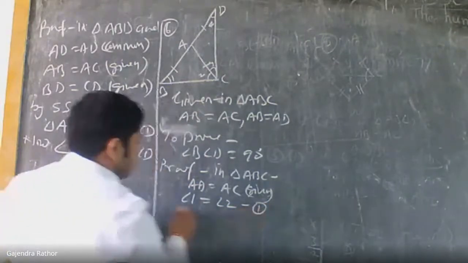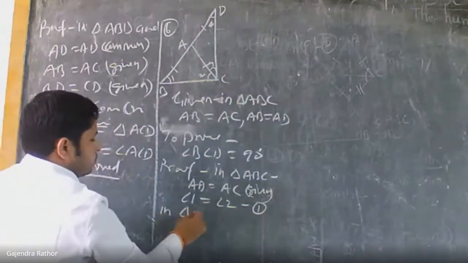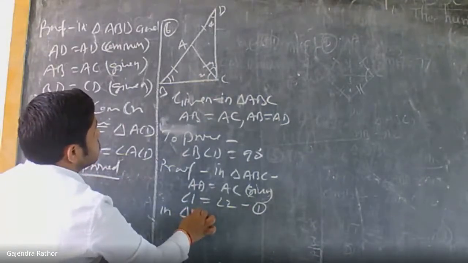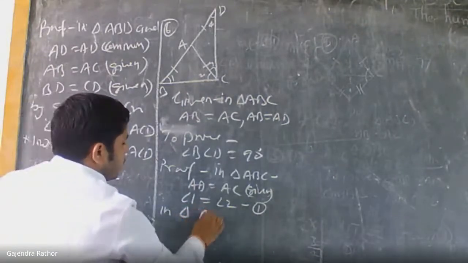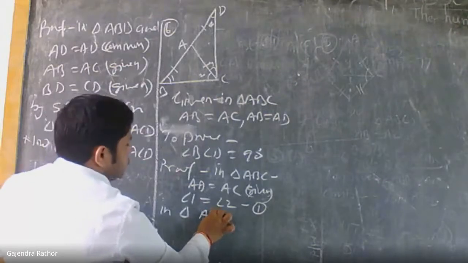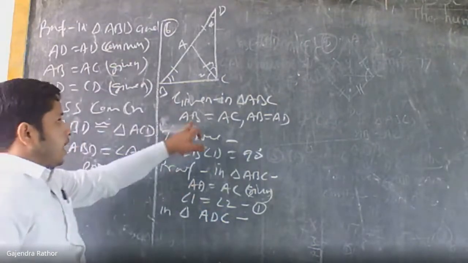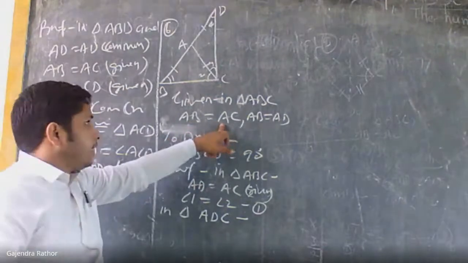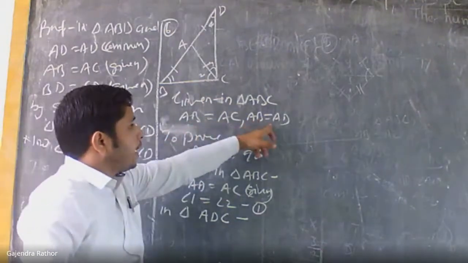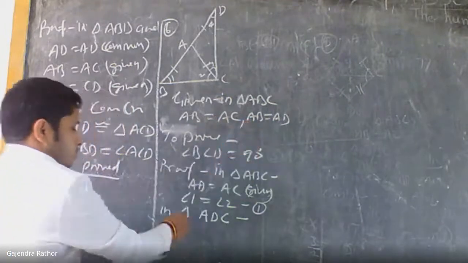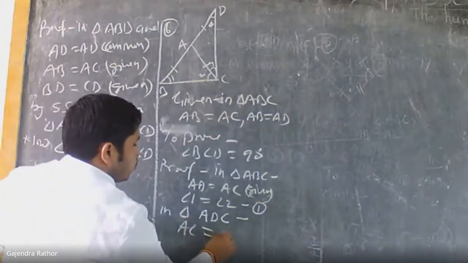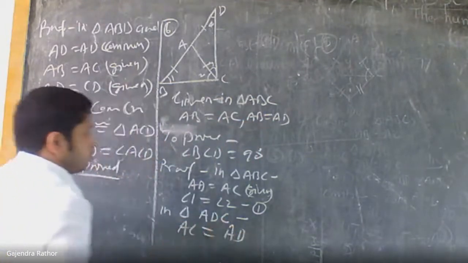Equation number 1. Now, AB is equal to AC and AB is equal to AD, then AC is equal to AD.